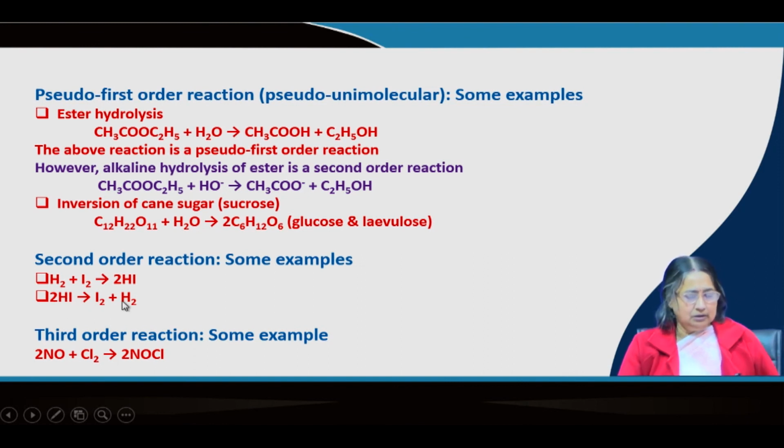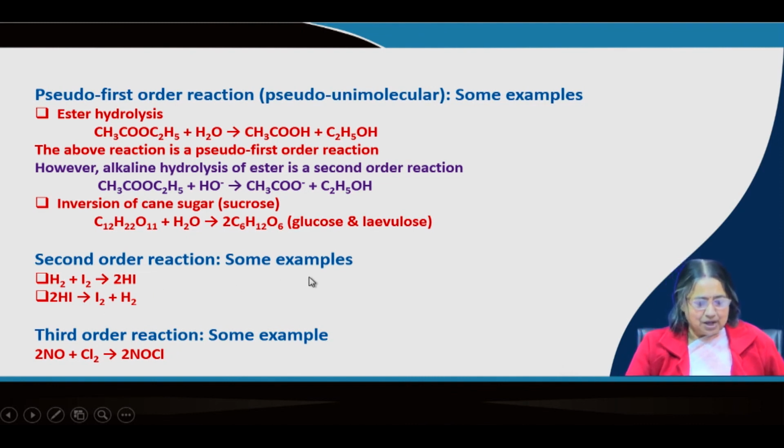So, this is a good example of a second order reaction. Third order reactions exist, but are not very common. This is an example of a third order reaction, and it is also termolecular, because 3 molecules are involved, 2 NO molecules and 1 Cl2 molecule. So it is a third order reaction and a termolecular reaction.